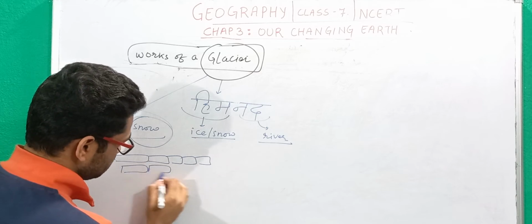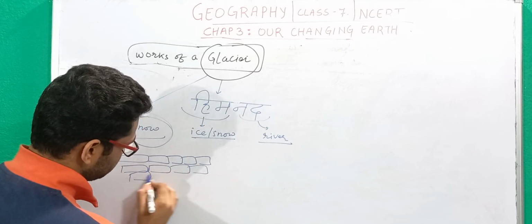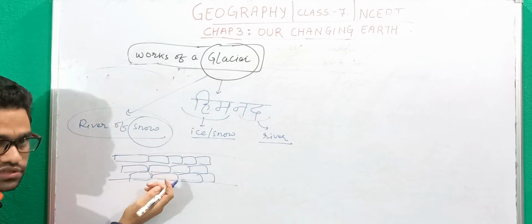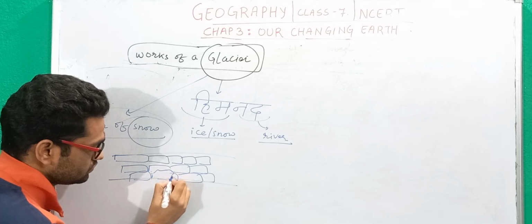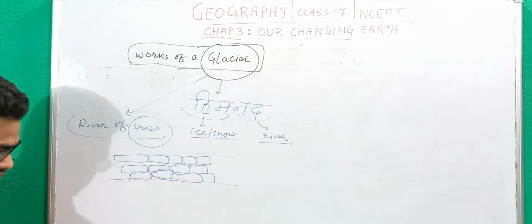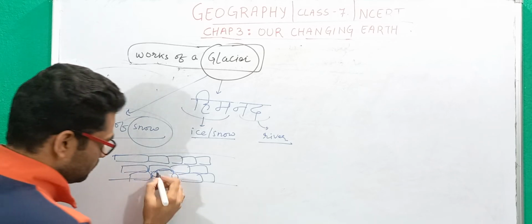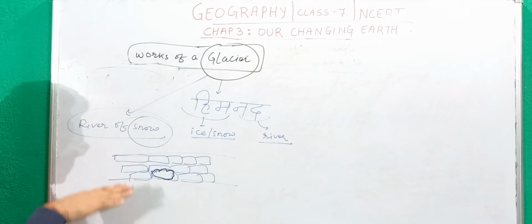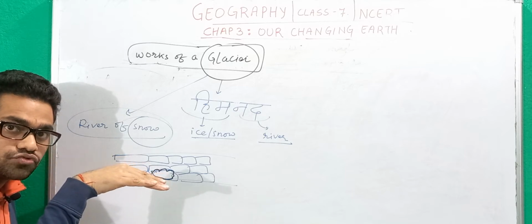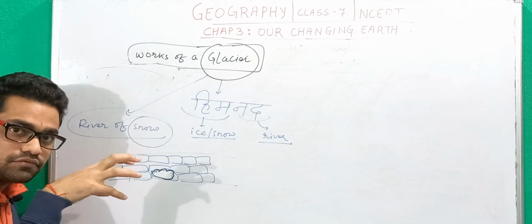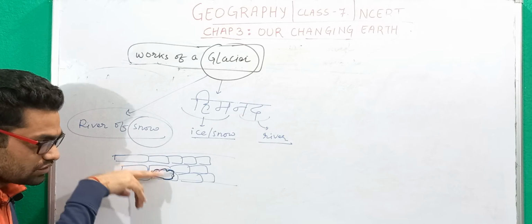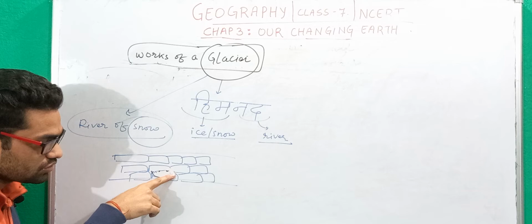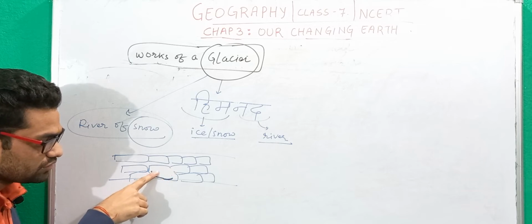When the glaciers move, suppose there is a rock beneath. I have to use a different colored marker here. So suppose this is a rock, and the glaciers are moving over it. The frictional force between the snow and the rock will reduce this rock to smaller fragments.